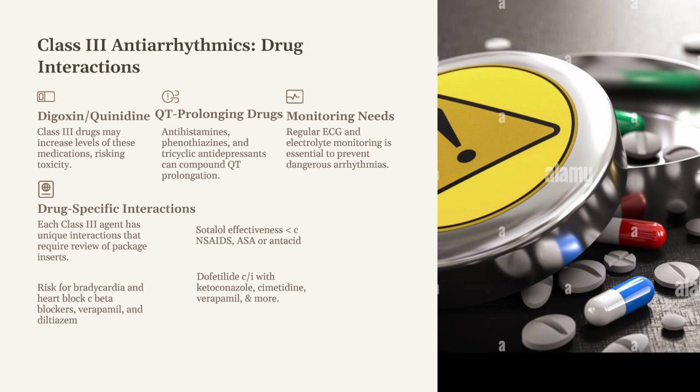We need to make sure we're monitoring electrolyte levels, EKG, and concurrent use of other medications that can affect their rhythm. If these are taken with beta blockers, verapamil, or diltiazem, there's an increased risk for heart block or bradycardia.